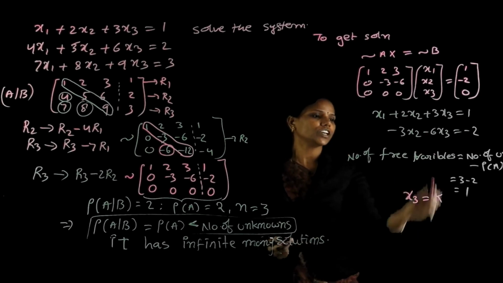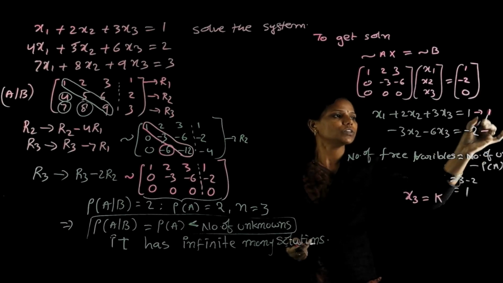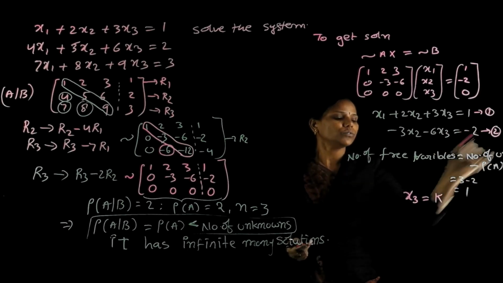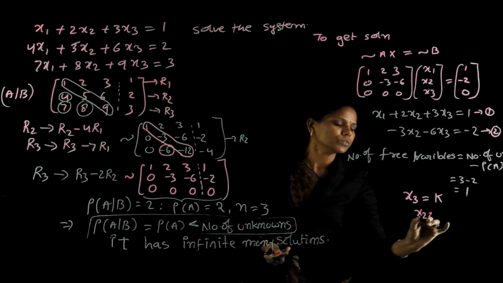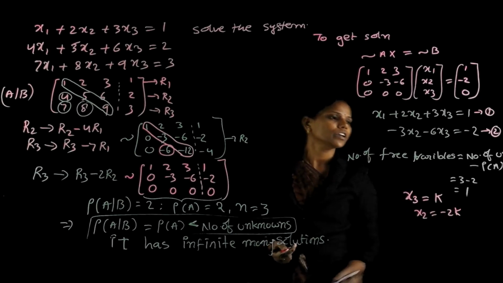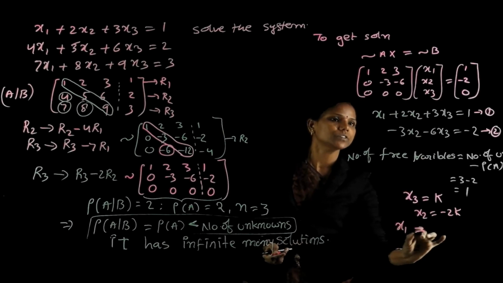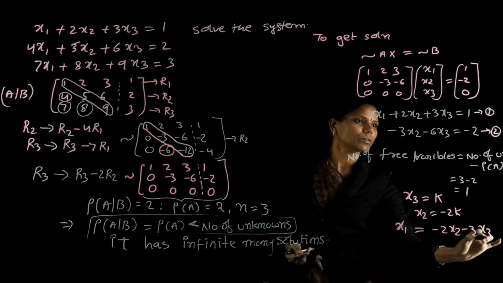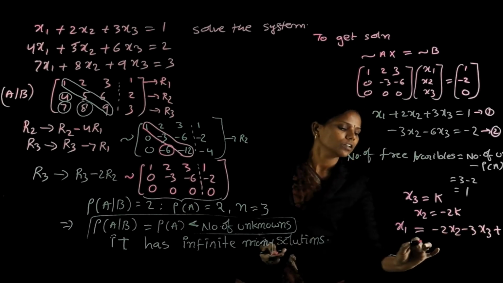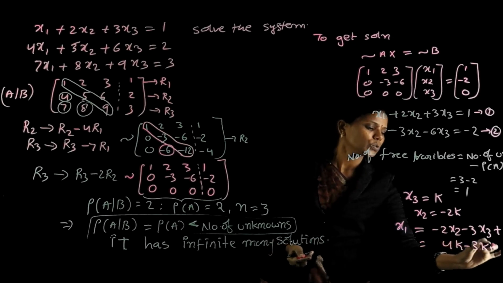Now substitute x3 equals k in the above equations. Give numbers to equations 1 and 2. If you substitute x3 equals k in equation 2, x2 becomes minus 2k. If you substitute x3 and x2 in equation 1, x1 becomes minus 2x2 minus 3x3 plus 1, that is 4k minus 3k plus 1.